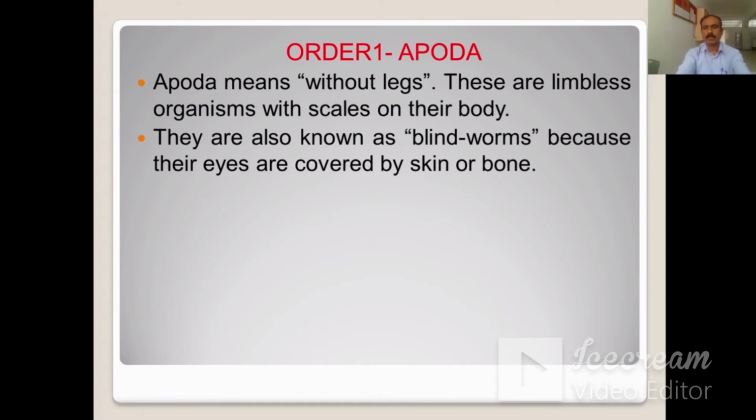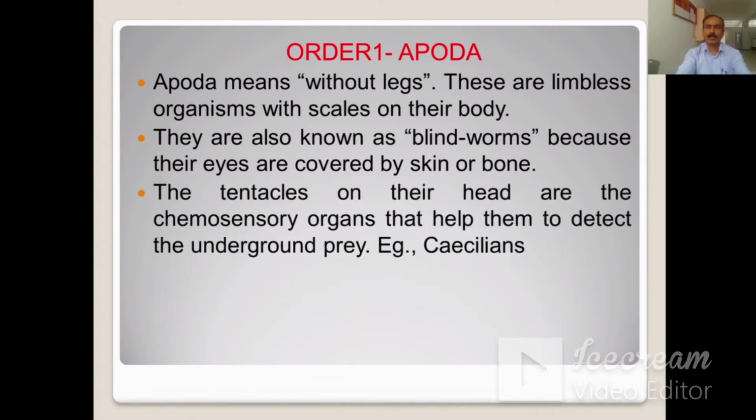They are also known as blind worms because their eyes are covered by skin or sometimes bones also. The tentacles present on their head are chemosensory organs, and they help them to detect underground prey, for example, caecilians.